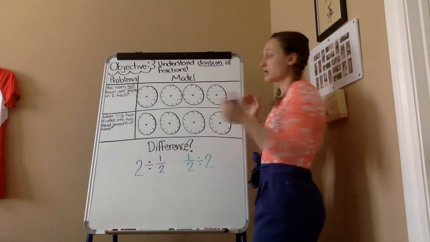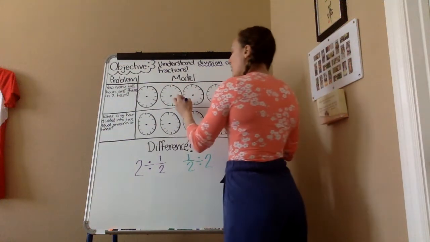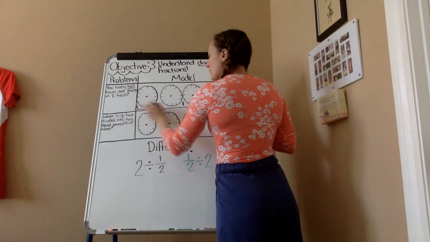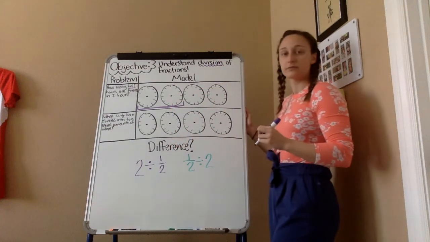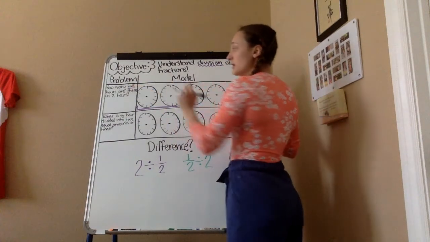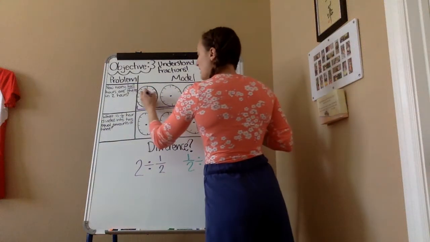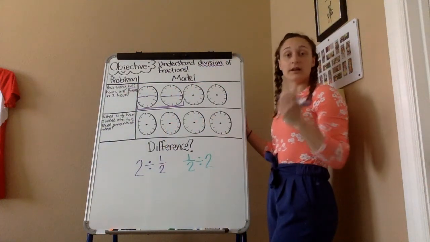So if I think about a clock, you go all the way around the clock, and that's 1 hour. So one of these clocks represents an hour. So this is asking me within 2 hours, okay, I'm starting with 2 hours, and I'm splitting it up, seeing how many half hours, splitting them in half, how many half hours are in 2 hours.